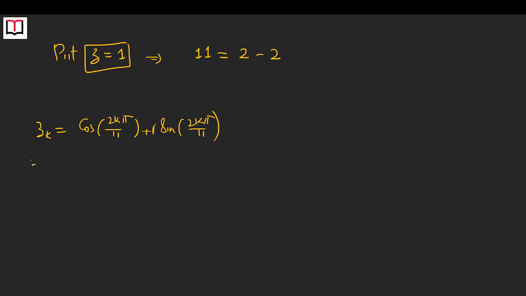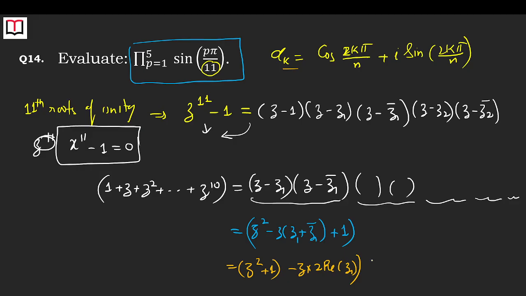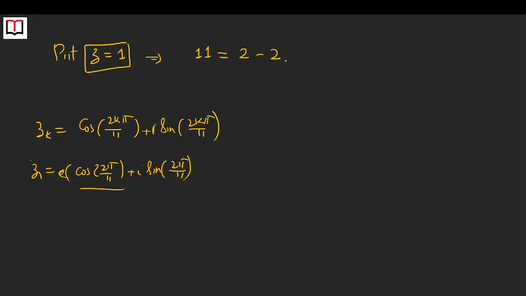So the first one, z1, is cos 2 pi by 11 plus iota sin 2 pi by 11. So its real part is cos 2 pi by 11. That's it. And again, five such pairs.